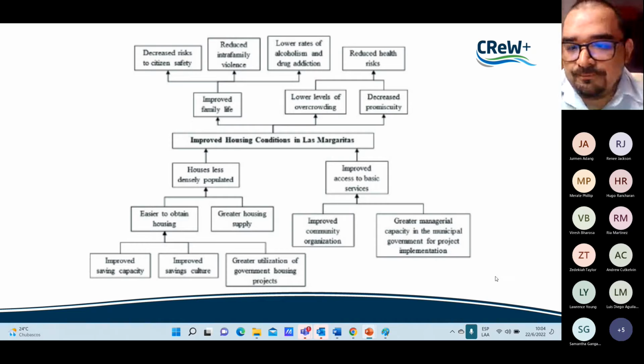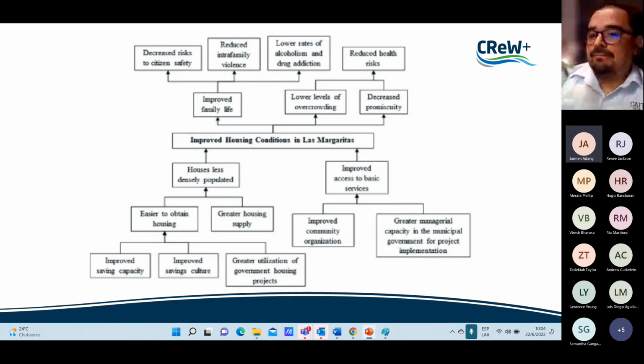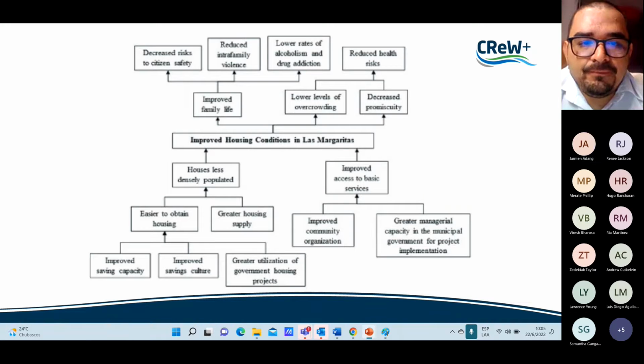Do you agree, Jeremy? Yes, I understand that, but my point was that you can be realistic and say you won't be able to eliminate it, but if you just have that objective, in the process you will automatically reduce the health risk and lower the rates of alcoholism and so forth.